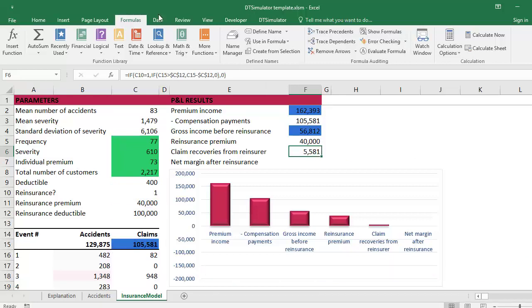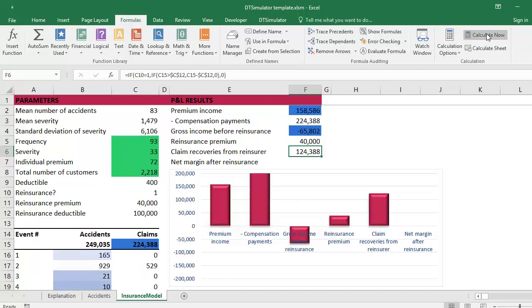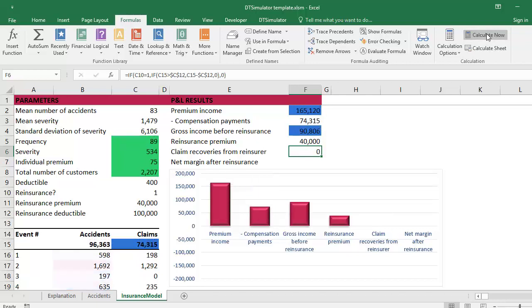This formula will calculate, in the case that the reinsurance contract takes place, the amount recovered on losses on behalf of the reinsurer above the $100,000 deductible limit. Otherwise, it will leave this cell at 0.